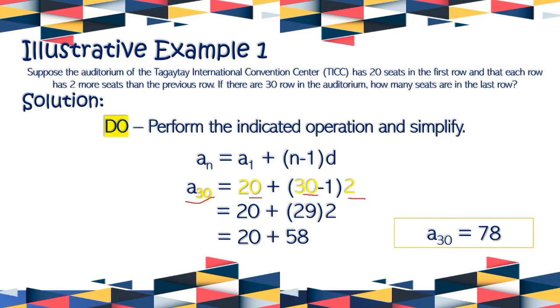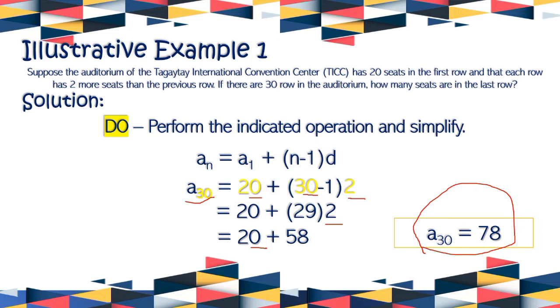So, simplify natin. We have 20 plus 29 because 30 minus 1 is 29 times 2. And then, 20 plus 58, which is 29 times 2. And 20 plus 58 is equals to a sub 30, 78 seats ang meron sa ika-30th row.